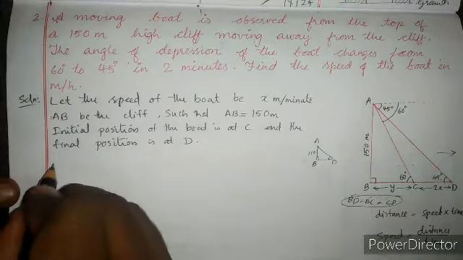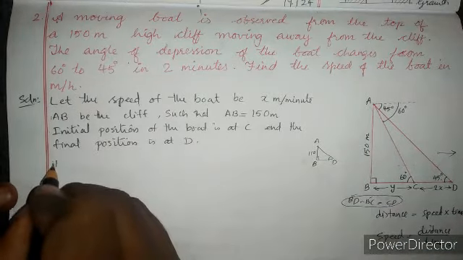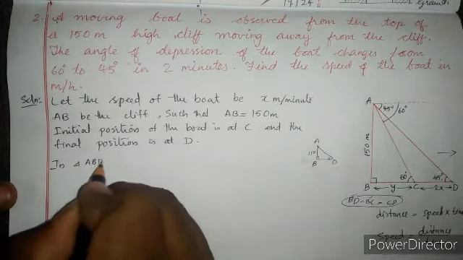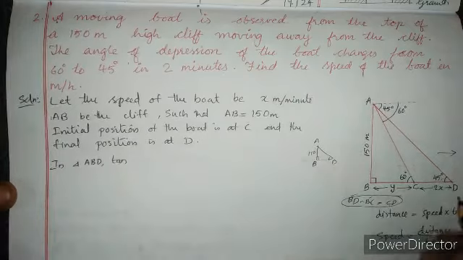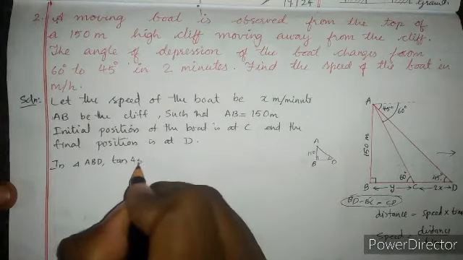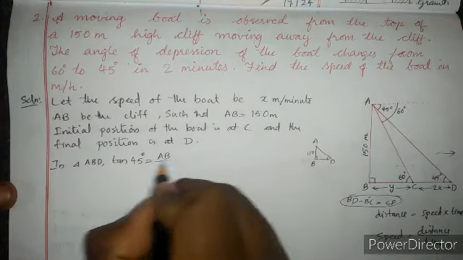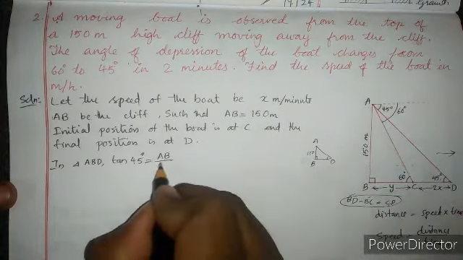Let us go to that one. So keeping this in mind, in triangle ABD, tan 45 degree is equal to opposite side AB divided by adjacent side BD.